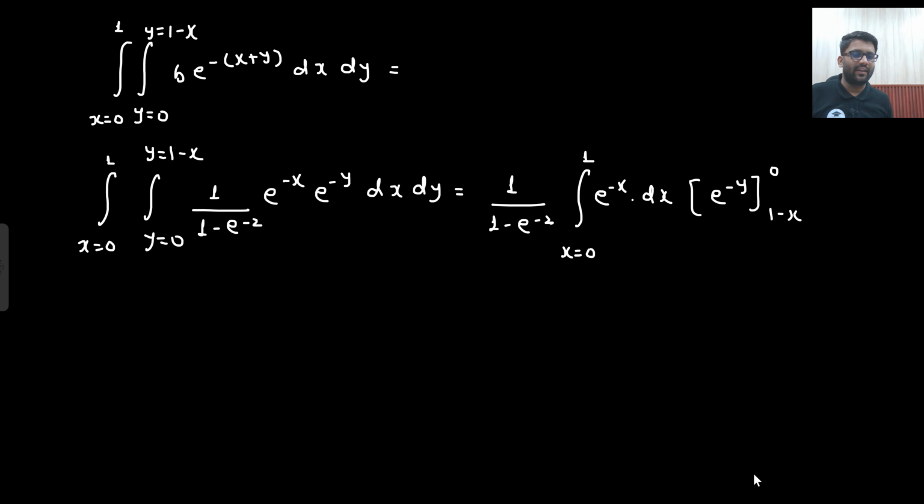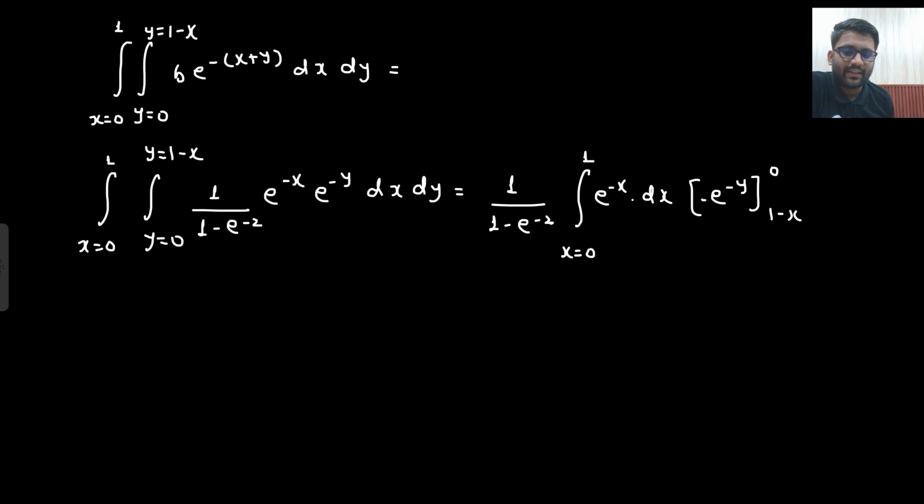Did you understand what I did here? When I solve this particular integration, e to the power minus y integration will throw e to the power minus y and then a negative sign. So to adjust that negative sign, I am interchanging the limit to 1 minus x to 0, right? Because I don't want to use the negative sign.